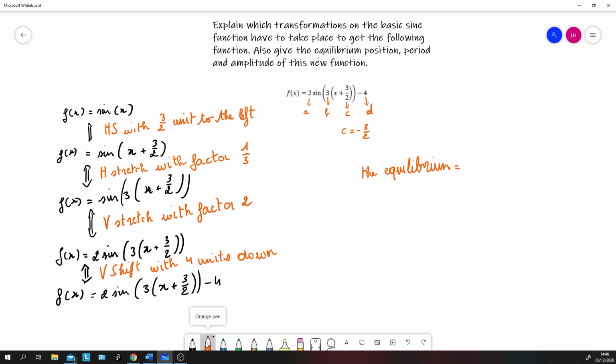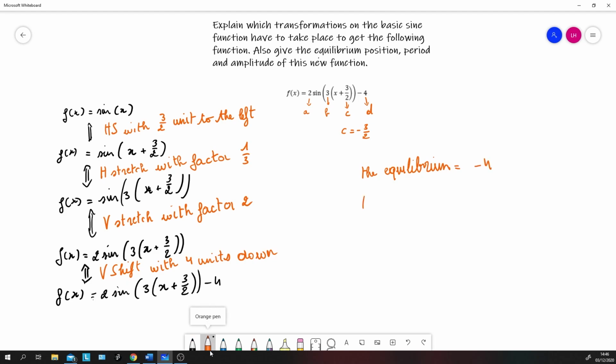Now, our function has vertically shifted 4 units down. We did this here. So what this means is that our equilibrium is also 4 units down, so it's -4.